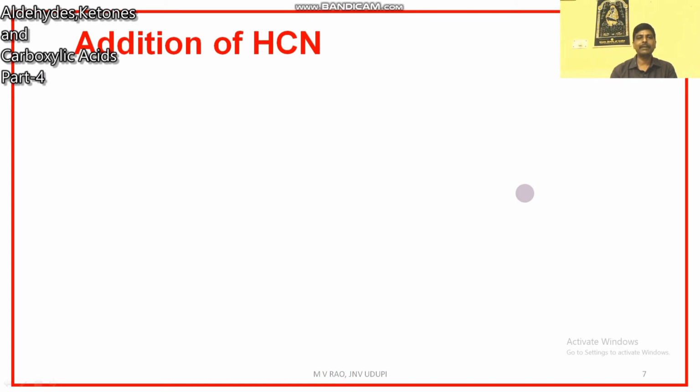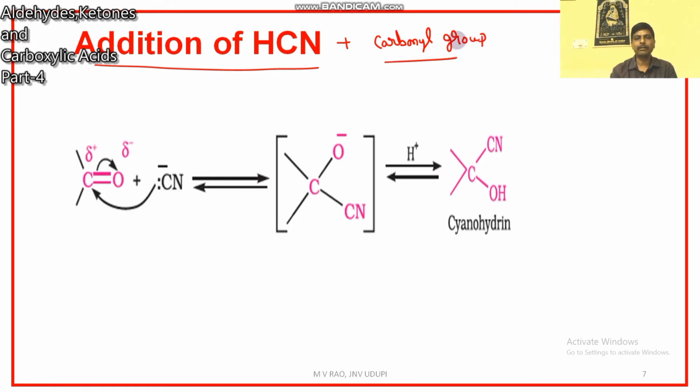In the exam they will ask the mechanism of addition of HCN to the carbonyl group. This is the carbonyl group. Carbon carries delta plus, oxygen carries delta minus. The nucleophile attacks C. One intermediate will form.